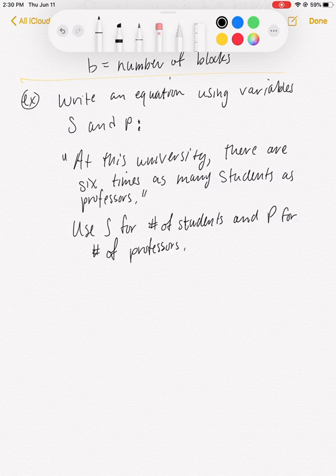So go ahead and pause the video, write your equation, and then compare with what we're going to talk about next. Okay, now that you've written your equation, our question will be, is it 6s equals p or s equals 6p?